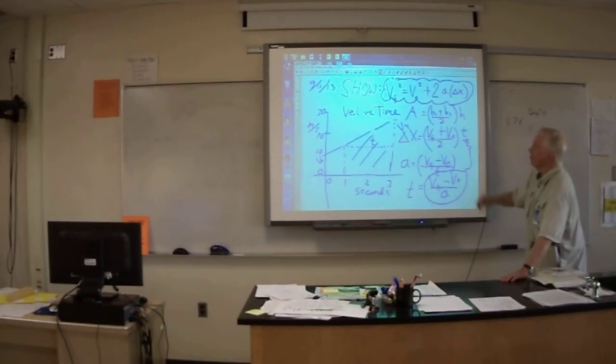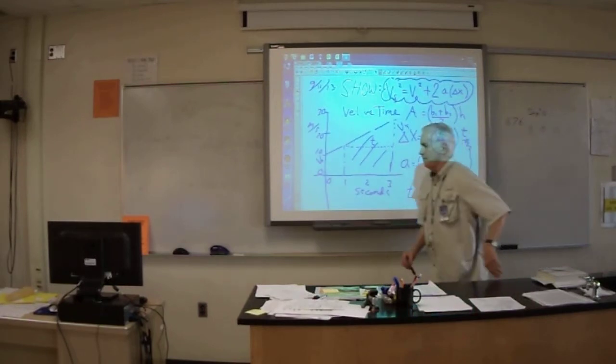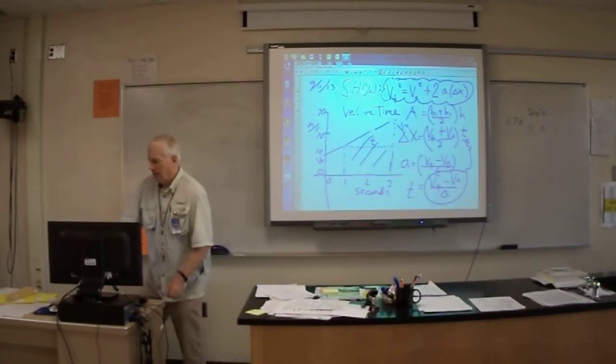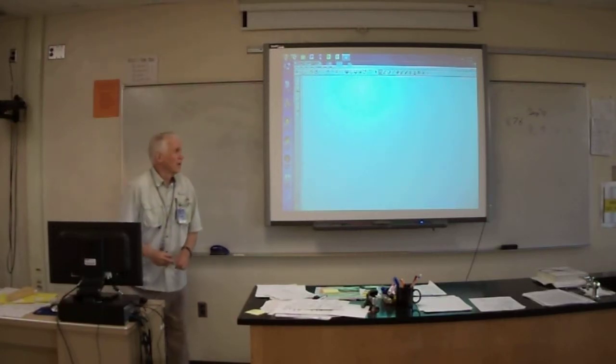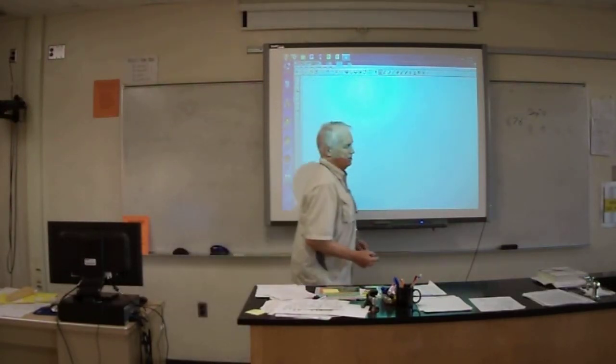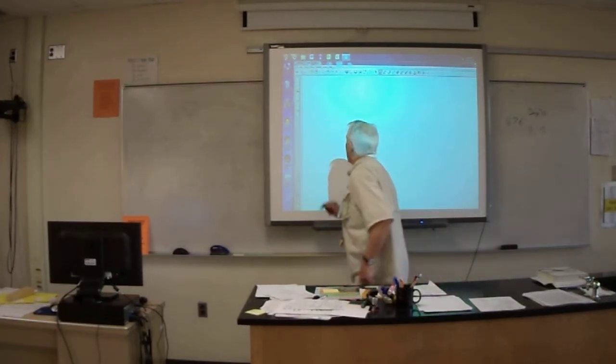So I'm going to go to another screen here and put that information in, work that out, and I'm just about there. I have a little trouble clearing this screen.